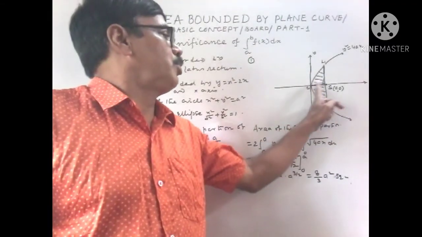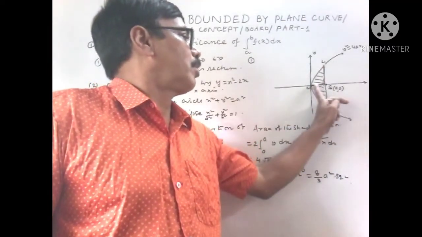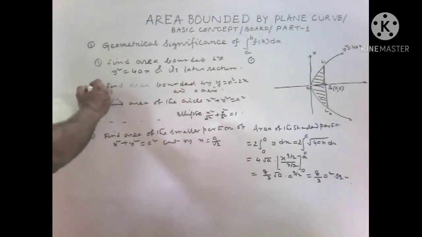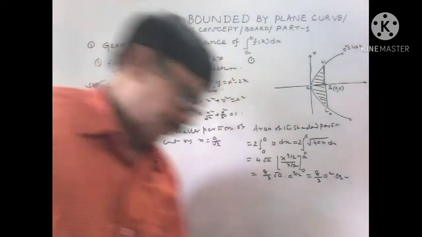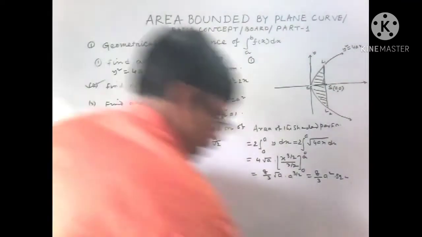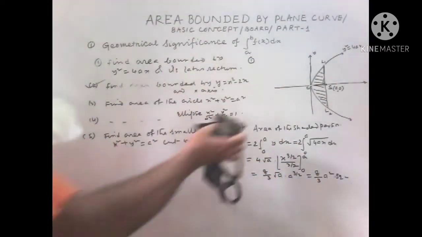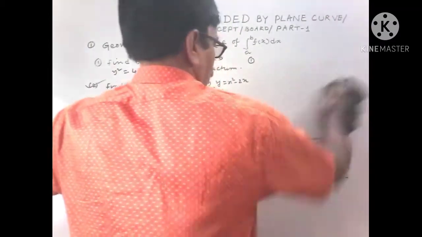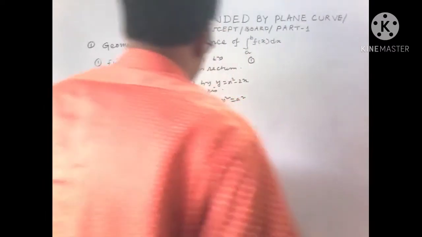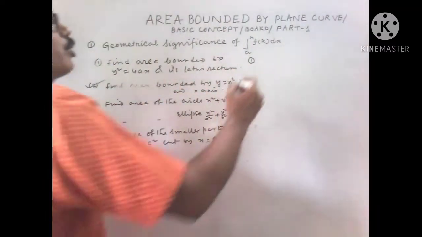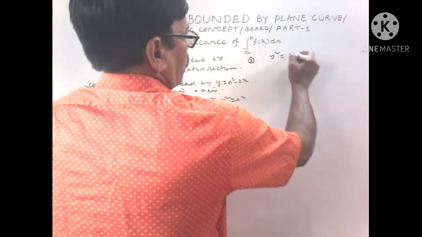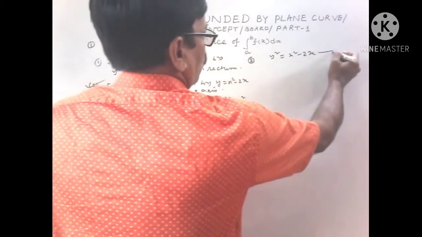So 0 to a bounded by the curve and the x-axis. Now problem number 2. So the area bounded by y squared equals 2x and y equals x squared minus 2x and the x-axis. So this is a parabola, y equals x squared minus 2x. This is 1.